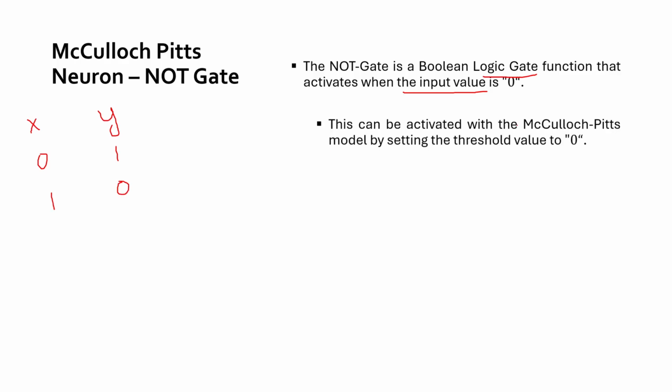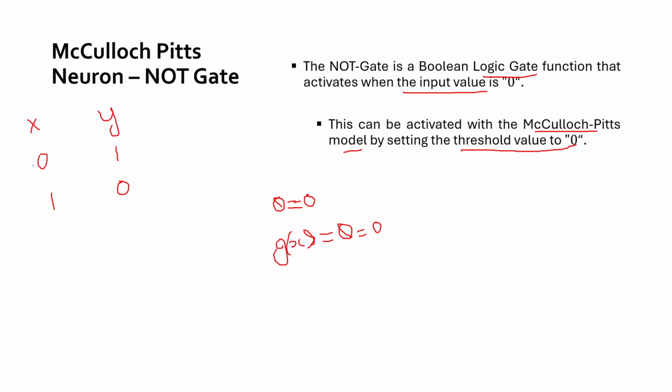The NOT gate could be implemented using the McCulloch-Pitts model by setting the threshold value to 0. Okay, so we will set the threshold theta to 0, and it is activated when the summation g of x is equal to theta, which is 0.